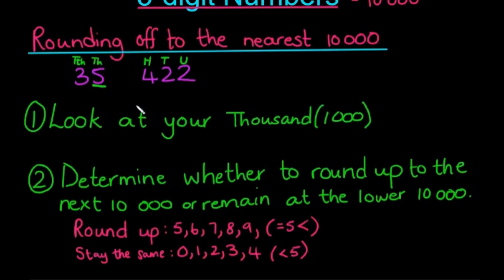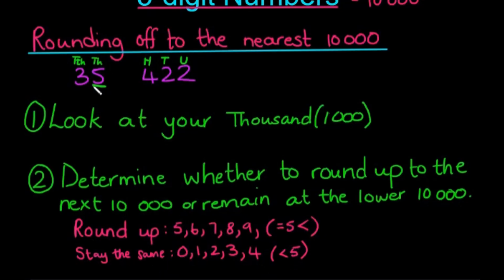Or for short, it needs to be equal to 5 or greater than 5. If it needs to remain at the lower 10,000, my 1,000 will either be 0, 1, 2, 3, or 4. So any number less than 5.